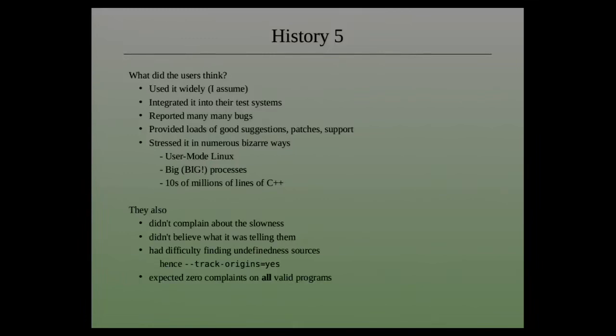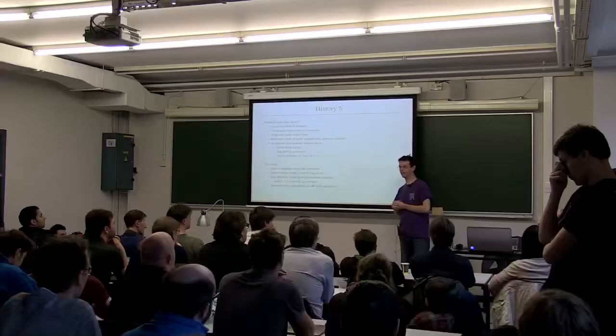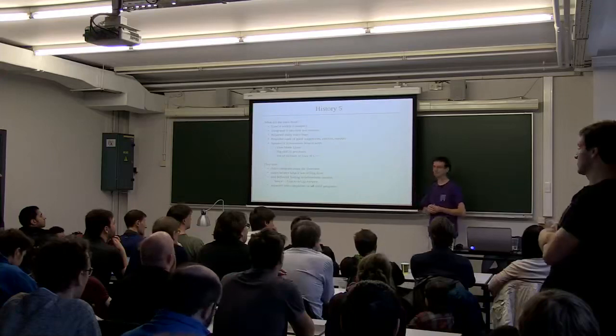There's a small number of programs or fragments of code you can construct which are actually correct, but Memcheck complains, and they expected these two universes to be the same. So it still happens occasionally. We had one bug about this just the other day. And I have been trying to say, this is a kind of verification system for C++. You cannot expect that it will not complain about every single correct program.